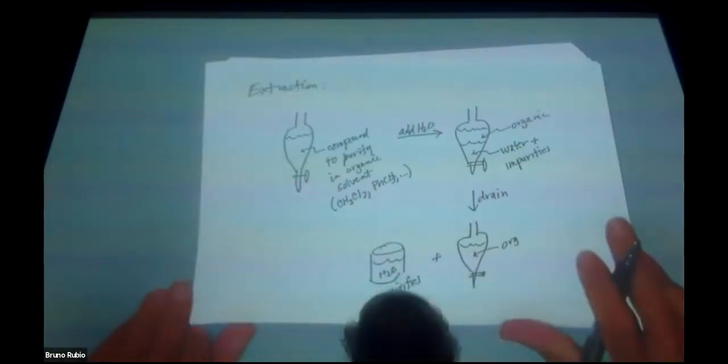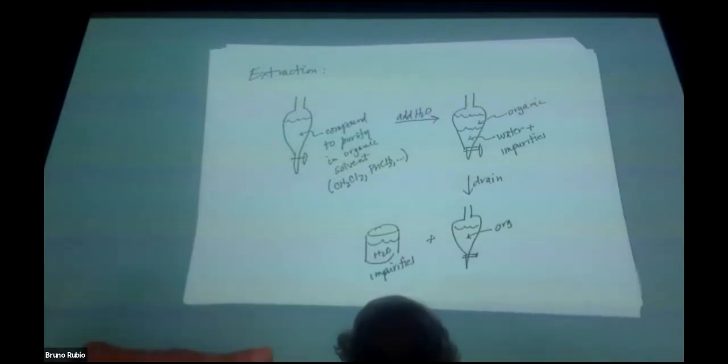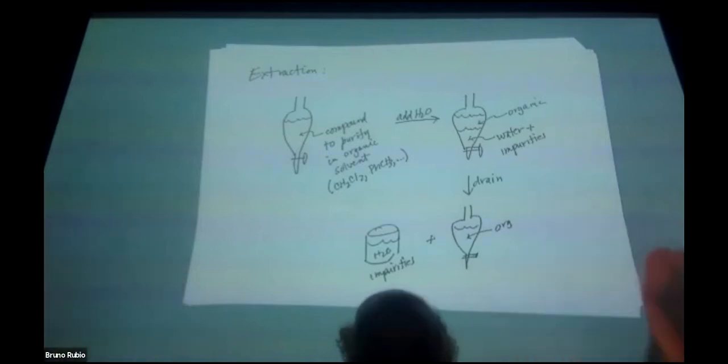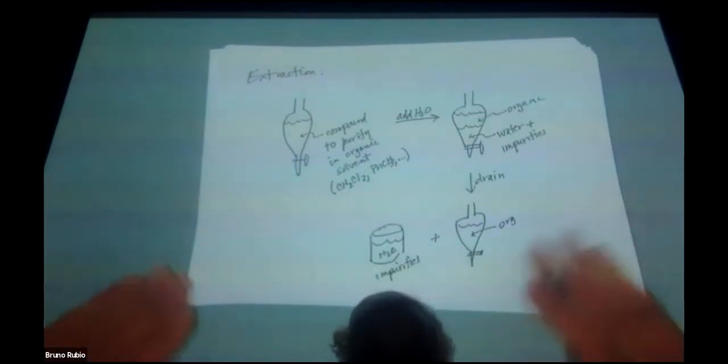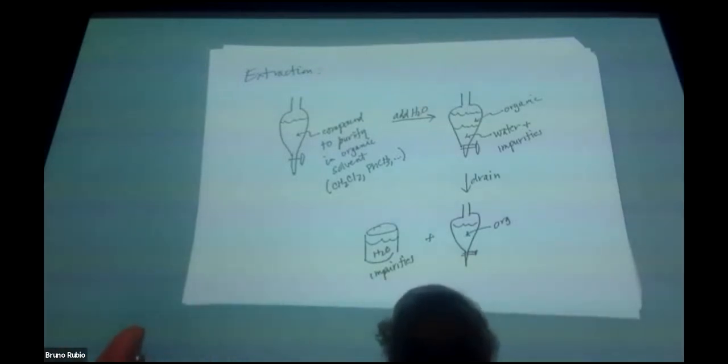So this is how extraction works: you mix 2 immiscible solvents, and you're hoping that most of the impurities in the sample will partition themselves between the organic phase and the aqueous phase, or between whatever 2 solvents you're using, and that way you can clean up the material you're trying to purify by coaxing the unwanted impurities into the second solvent.